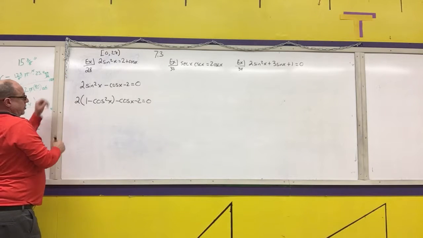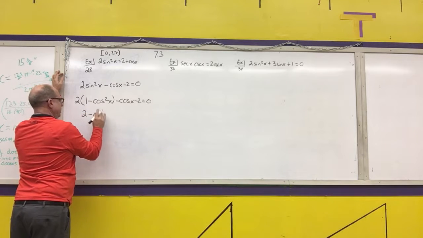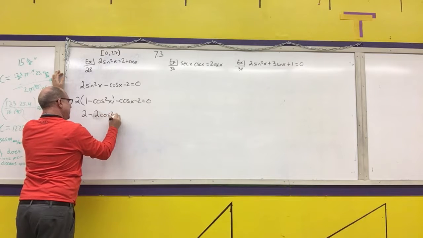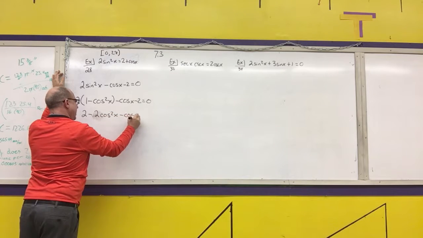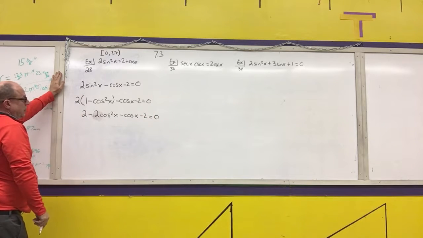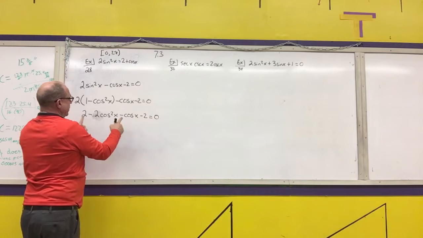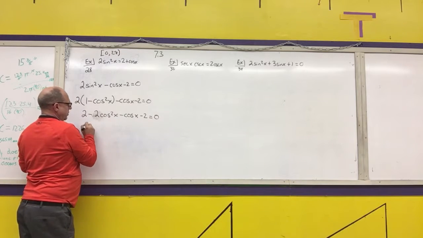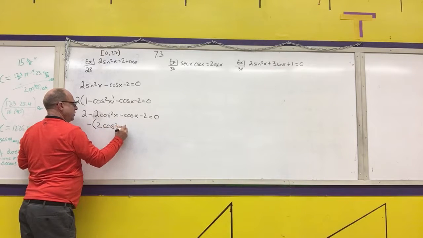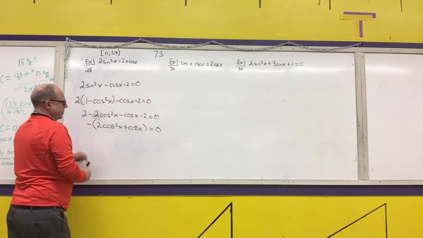Going to distribute, and that gives me 2 minus 2 cosine squared x minus cosine x minus 2 equals 0. 2 minus 2 is 0. Pull out a negative. That gives me 2 cosine squared x plus cosine x is equal to 0.